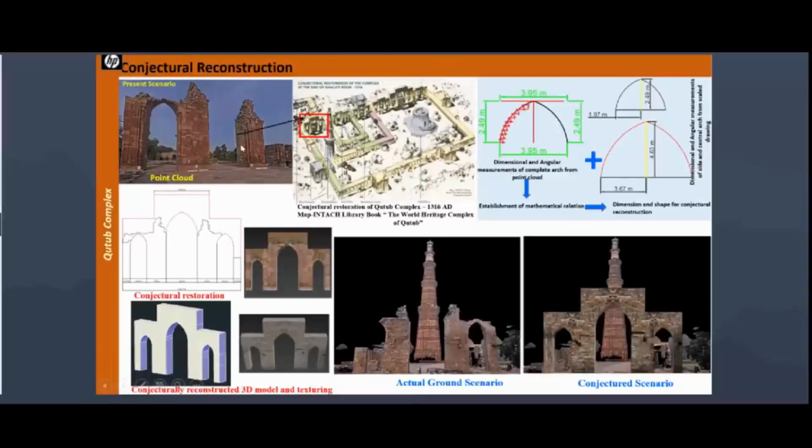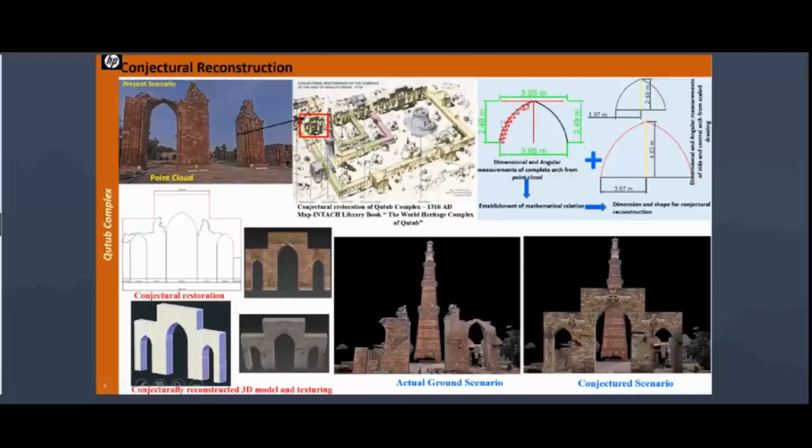Now these are broken. So what we have done is we have geo-referenced this map and scaled it with respect to our 3D model of today. Because this map has complete arches, we calculated the angle and dimension; the angular measurement of the complete arch was done using the georeferenced map.